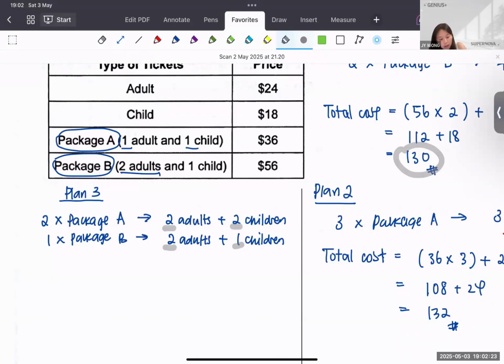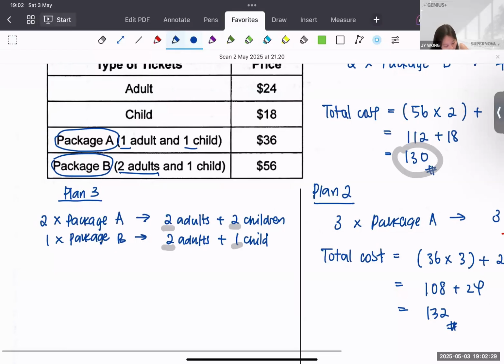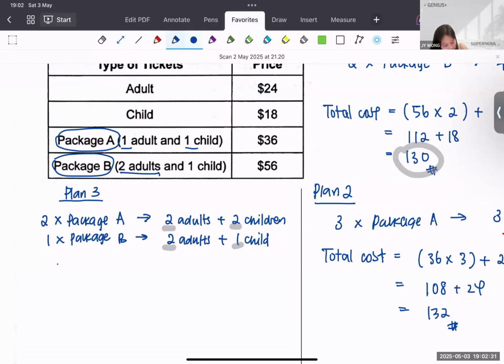Then 2 children and 1 child will give me 3 children. So now I can find the total cost. You will realize that this is the cheapest: 2 times 36 plus 56, which is 72 plus 56 is 128.